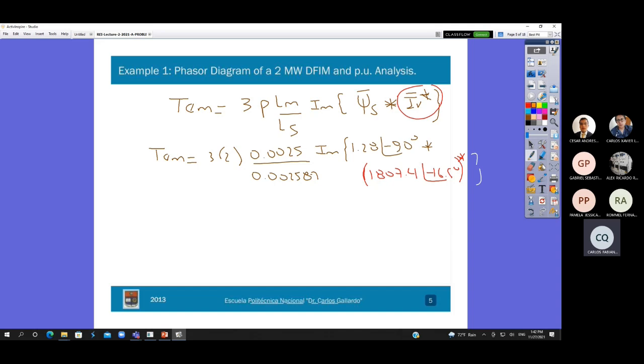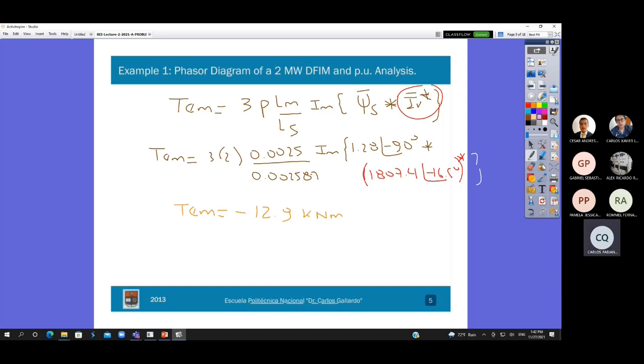Therefore, the electromagnetic torque is equal to negative 12.9 kilonewton meters.